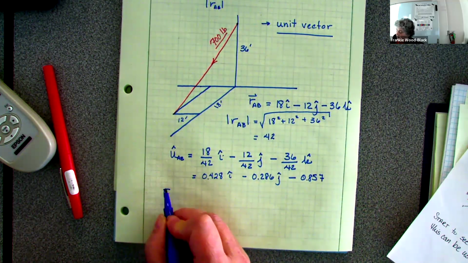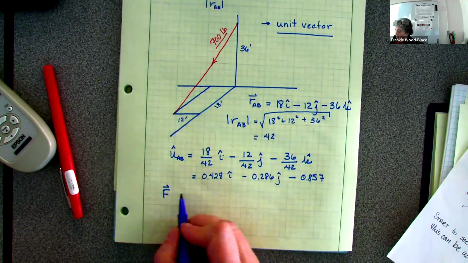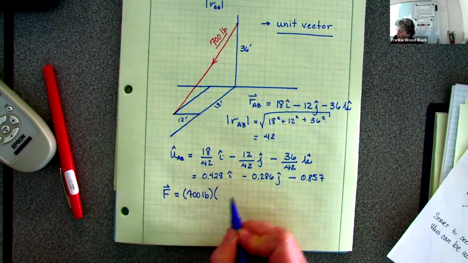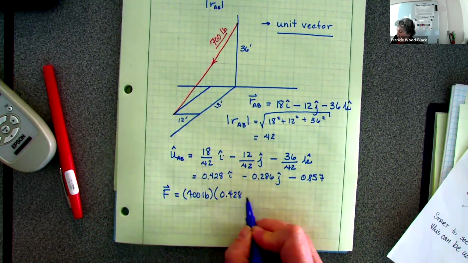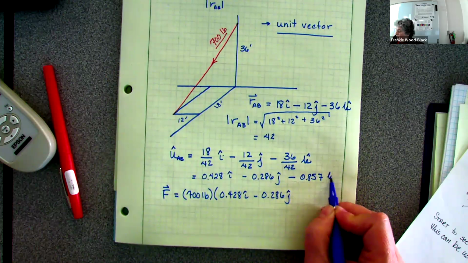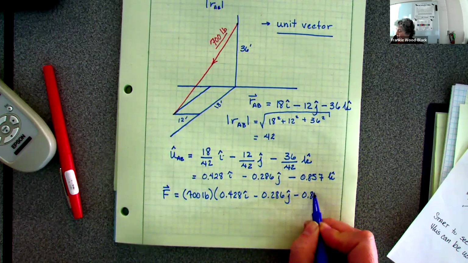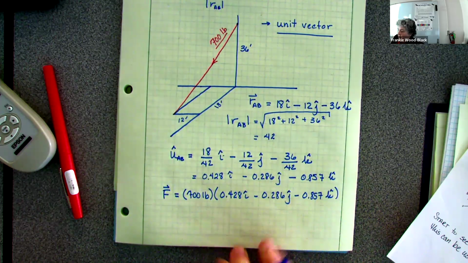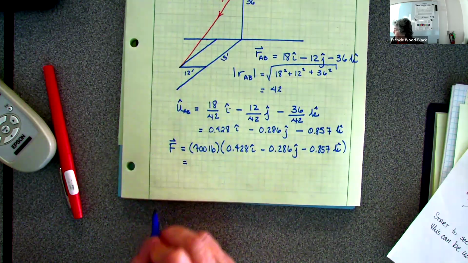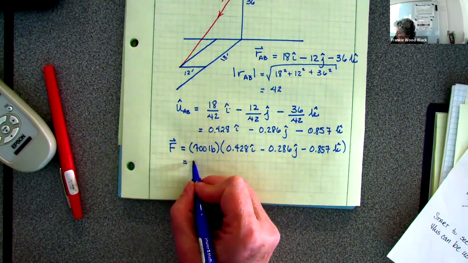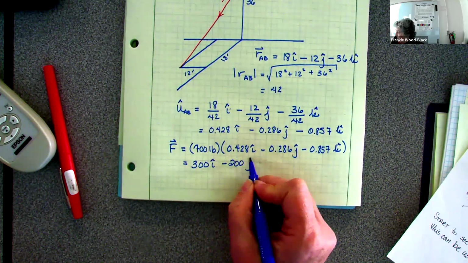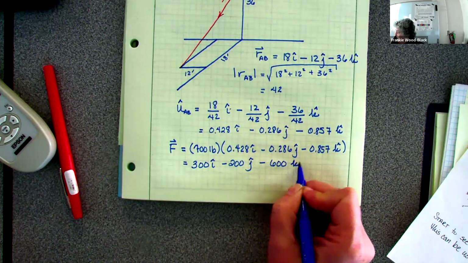And if I want my force vector now for that 700 pounds, I'm going to take my 700 pounds, multiply it times my unit vector, and that equals 300 I minus 200 J minus 600 K.